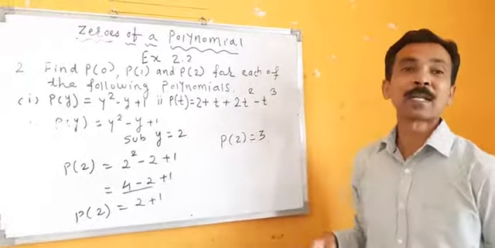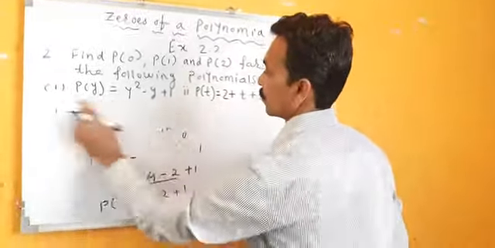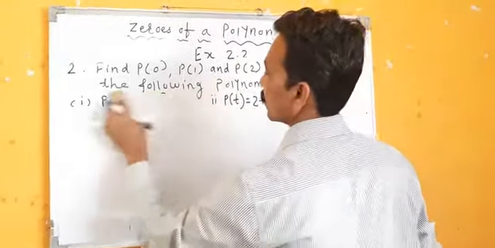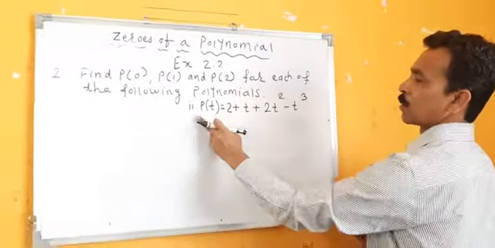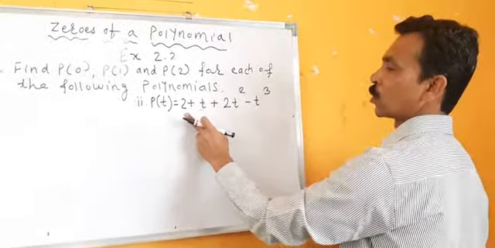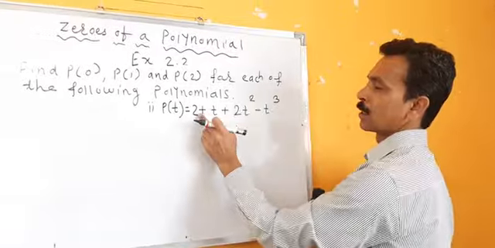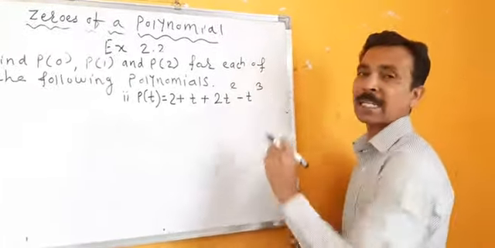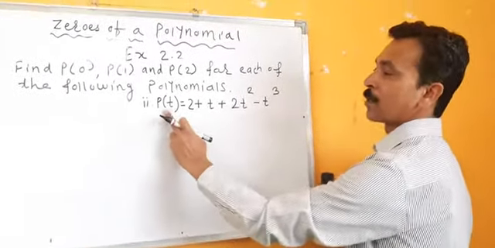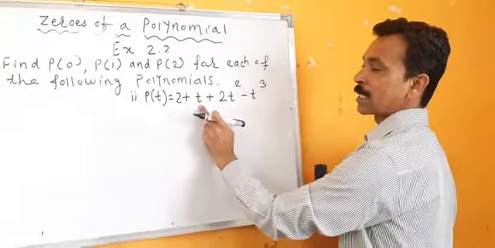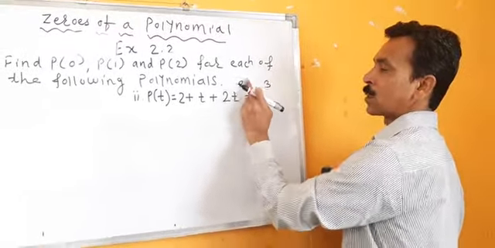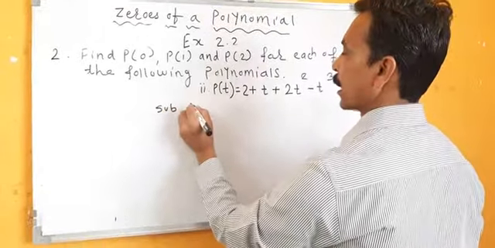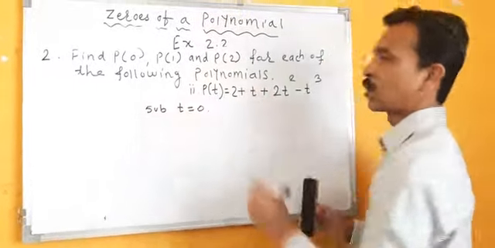Now I will go for example number 2. What is example number 2? P of t is equal to 2 plus t plus 2t square minus t cube. Again I repeat, P of t is 2 plus t plus 2t square minus t cube. First I will substitute t is equal to 0.